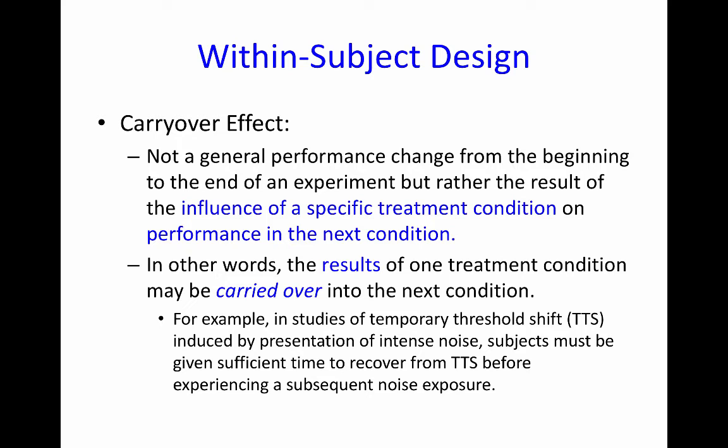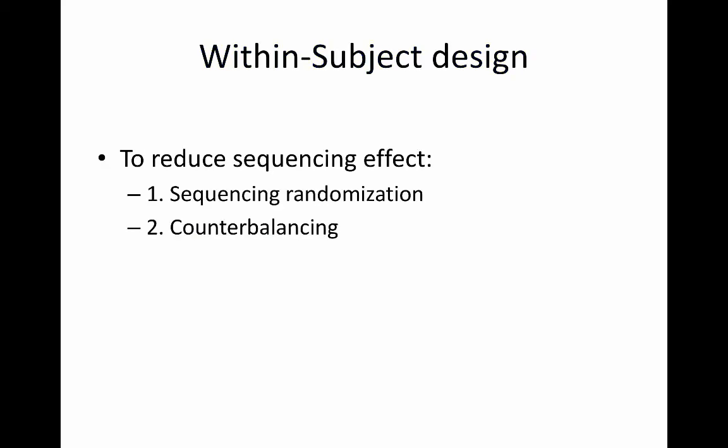Before they go over to another band and you do the test again, let's make sure that what they experienced in the first condition they've recovered from before you test them in the second condition. So they listen to band A, you test their hearing. They can't go directly to band B until there's a time period for their hearing to recover, and then you can listen to band B. So if you're comparing rock music to jazz music, something like that, that's a carryover effect from one condition to another, as opposed to an order effect, which is a performance improvement or decrement during an experiment from the beginning to the end.